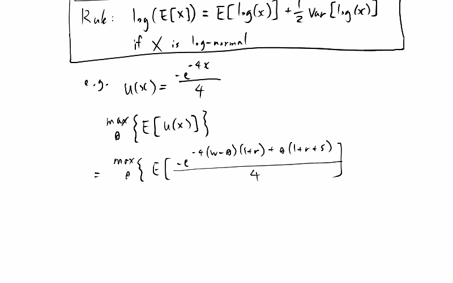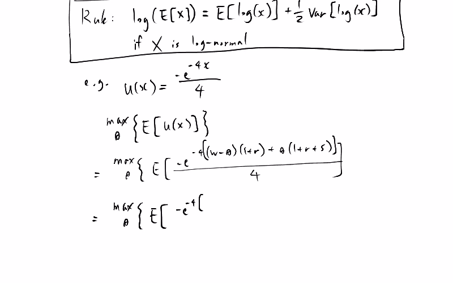Let's first simplify a bit the whole chain of terms on the top. If you rearrange the terms, what do you get? You get negative exponent of 4, and a big bracket here. All right, so notice that you have W times 1 plus r minus theta times 1 plus r plus theta times 1 plus r.